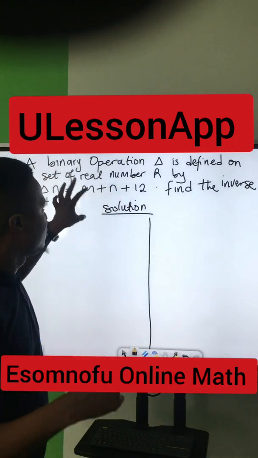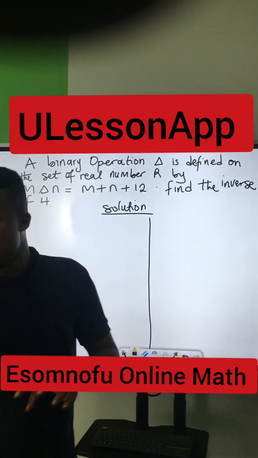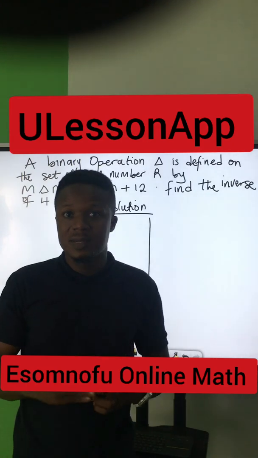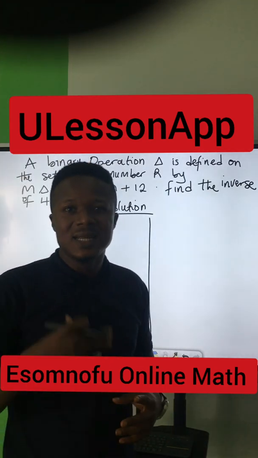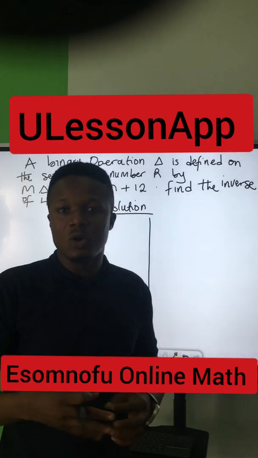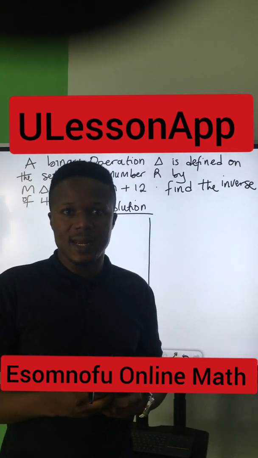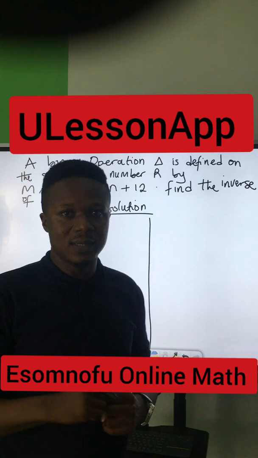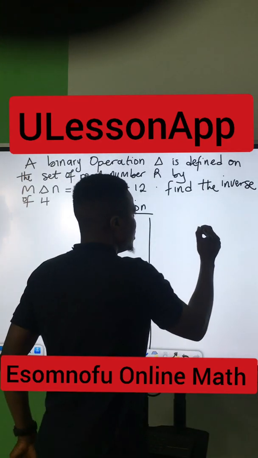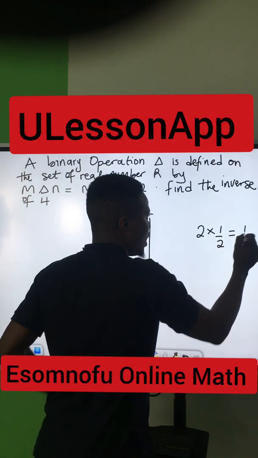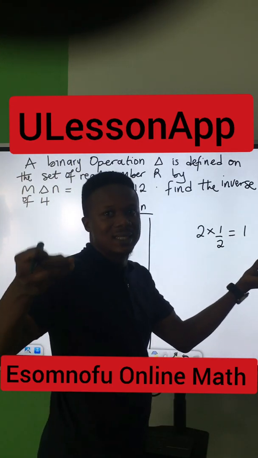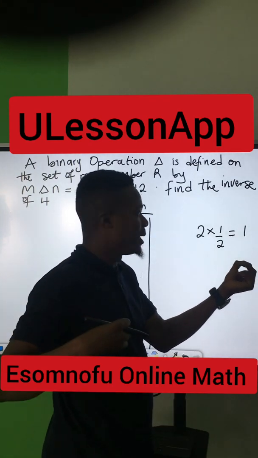Now, before you can solve this problem, you need to know what the inverse element is all about. The inverse element is that element that when it multiplies or operates with other elements, gives you the identity element. For example, 2 multiplied by 1 over 2 is giving us 1. And you know that 1 is the identity of multiplication.